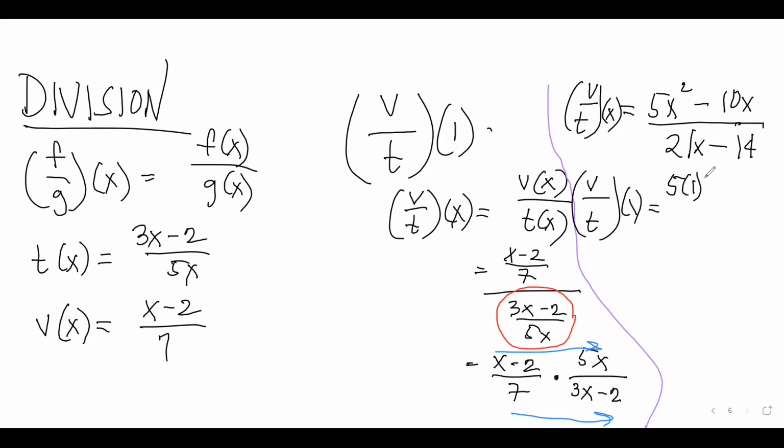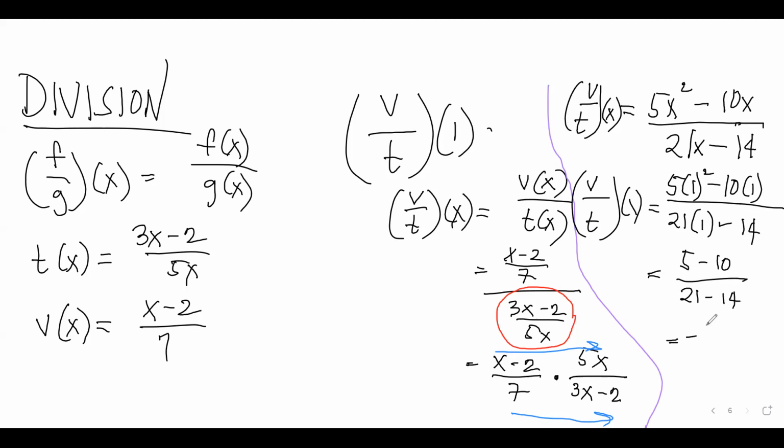So, 5 times 1 squared minus 10 times 1 over 21 times 1 minus 14. Simplify. 1 squared is 1 times 5. That would be 5 minus 10. 10 times 1 is 10. Over 21 minus 14. That would be negative 5 over 7. So this is the v over t of 1.